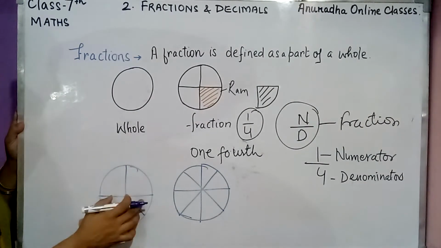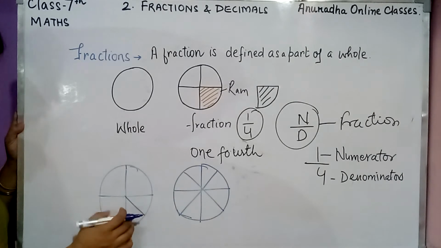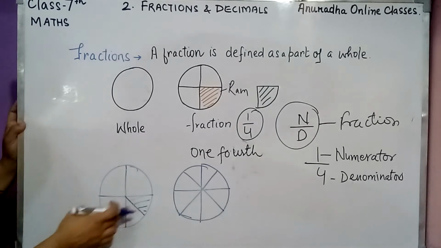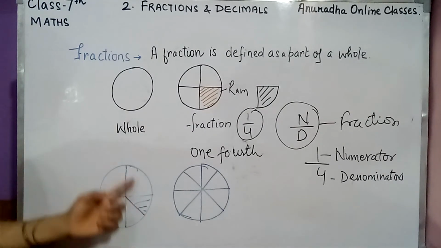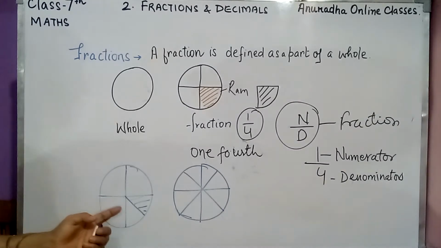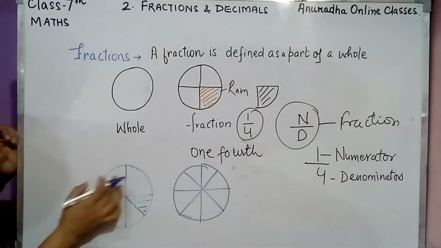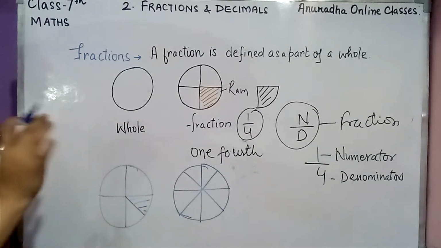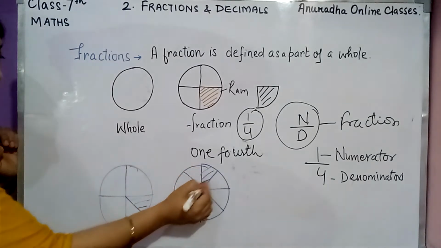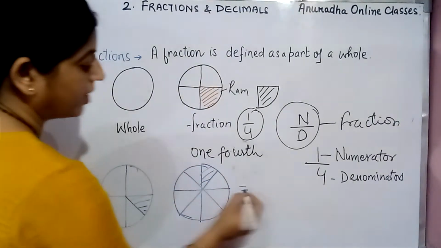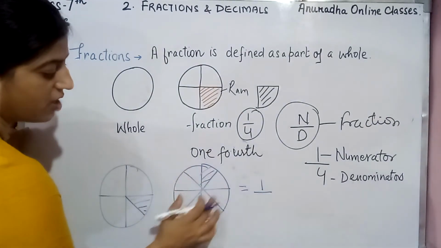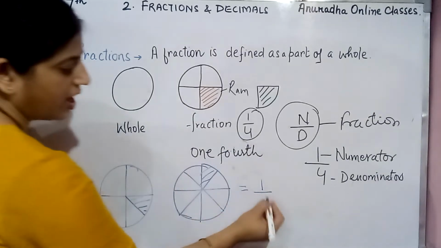No. Why? Because these parts are not equal. But this one part, if you have to write what is the shaded part of this circle, we cannot represent that in fraction. Why? Because all the parts are not of similar size. ये important होता है. जैसे यहाँ पे we can write it in fraction like one part is shaded and how many parts are there? 1, 2, 3, 4, 5, 6, 8 parts are there.